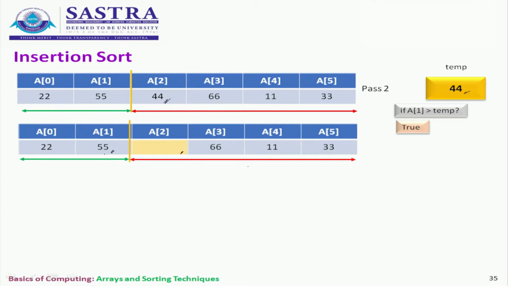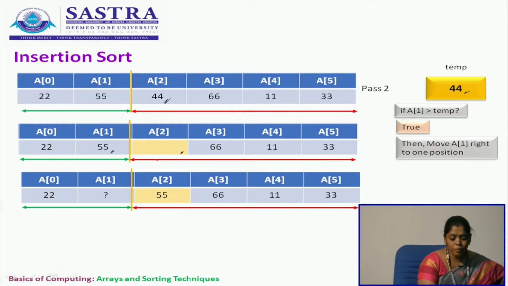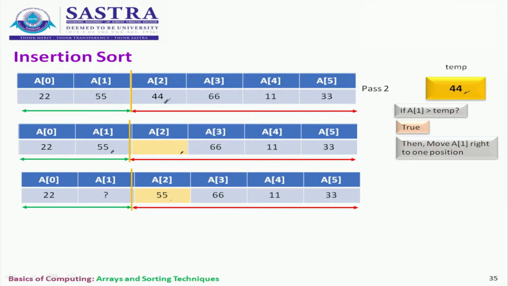So the a of 1 element is greater than the temporary element. So we have to move a of 1 one step right. Once we have moved, we will be filling that a of 2 with 55, and still a of 1 is a question mark because we haven't completed the entire sublist in the sorted array.